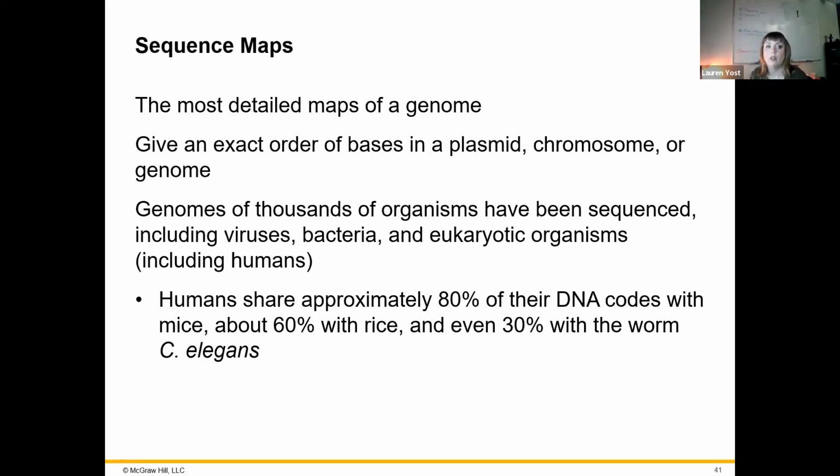Okay. Sequence maps. These are detailed maps of genomes. They give the exact order of bases in a plasmid, chromosome, or the genome. So humans apparently share 80% of their genetic code with mice, 60% with rice, and 30% with the worm C. elegans.